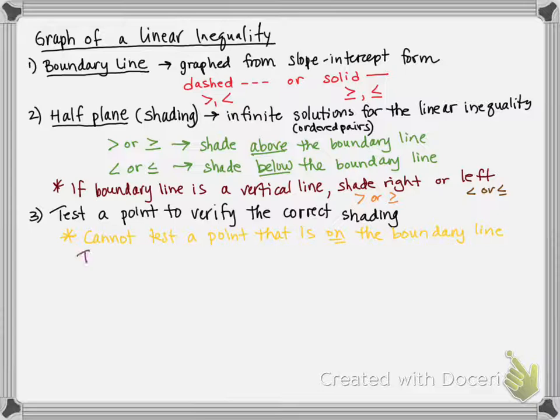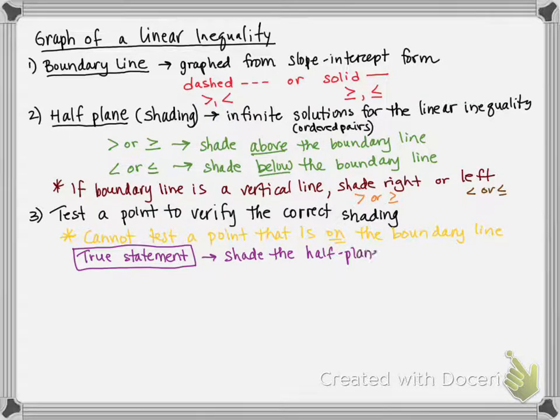We can get a true statement, like we did in the example I did on the other screen. So again, with a true statement, you're going to shade the half plane that contains that point.